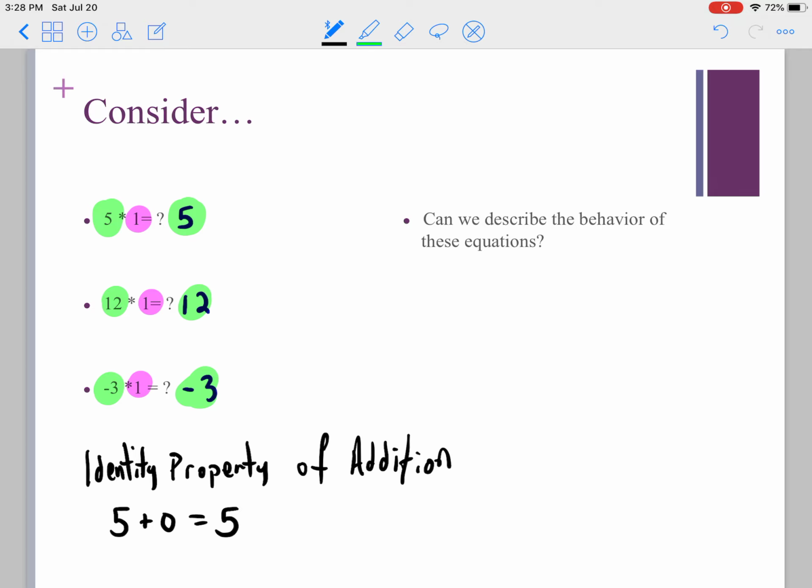So the identity property of addition, remember, 5 plus another number 0, the 0 does not change its value. The 5 maintains its value, therefore it maintains its identity. So while they are similar, the identity property of multiplication and the identity property of addition, they are not exact. So make sure that you remember that distinction.